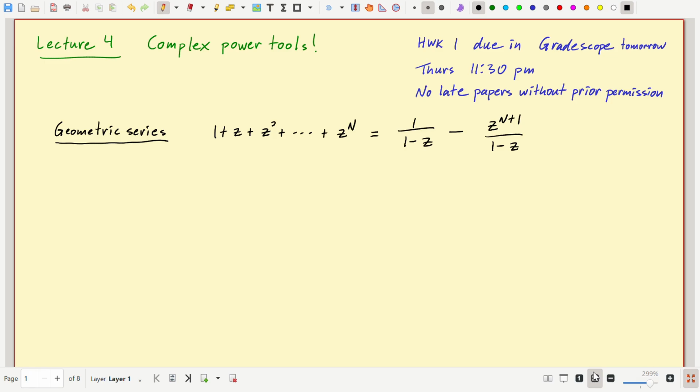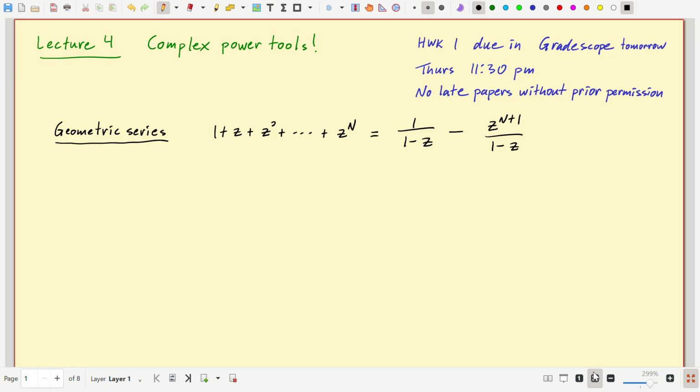That's not true in the real case in general. Some can, but not all. But in the complex case, they're very intimately connected. And if you understand the one power series, the geometric series, then you can understand them all. So I'm going to say a little bit about geometric series today using complex numbers.